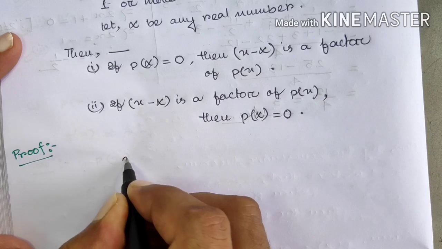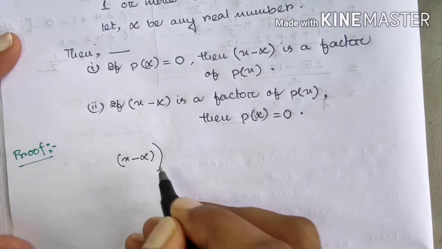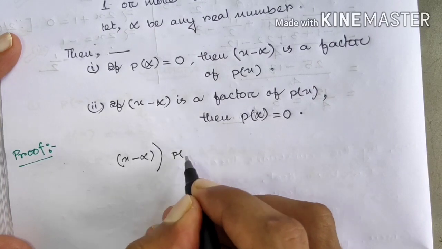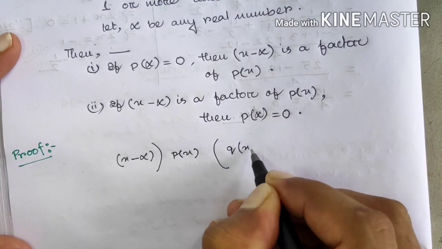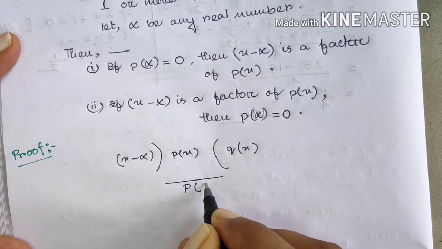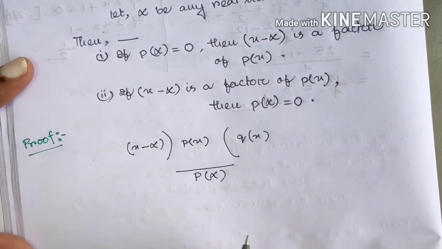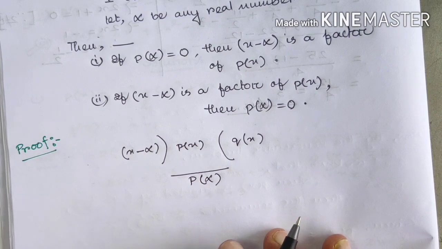If p of x is divided by x minus alpha, then we must get a quotient. Let the quotient be q of x. And maybe there may be a remainder, that is p of alpha. So let's prove number 1.